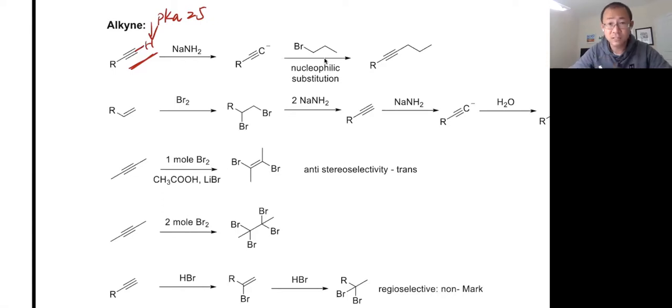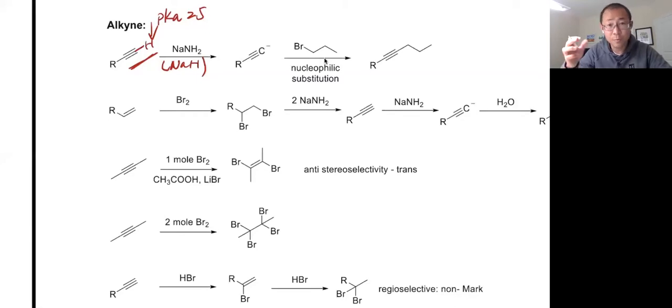Use a strong base such as sodium amide, or you can use sodium hydride. Both are strong enough bases to remove a proton from the terminal alkyne.